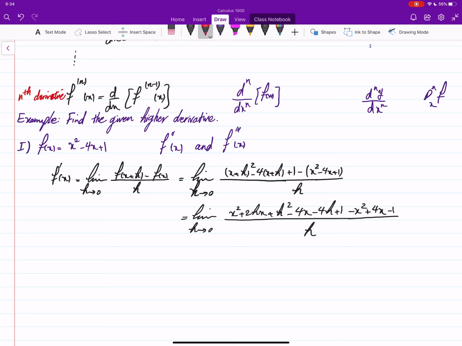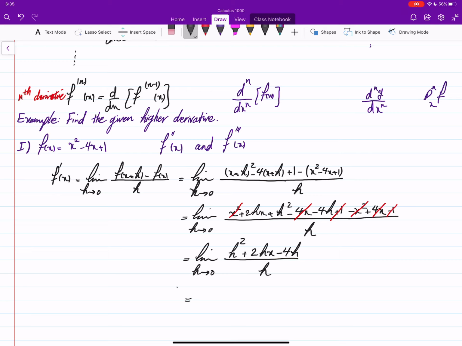You right away notice that this cancels with that, this cancels with that, this goes with that, and in the numerator we only have the limit as h goes to 0 of h squared plus 2hx minus 4h over h.